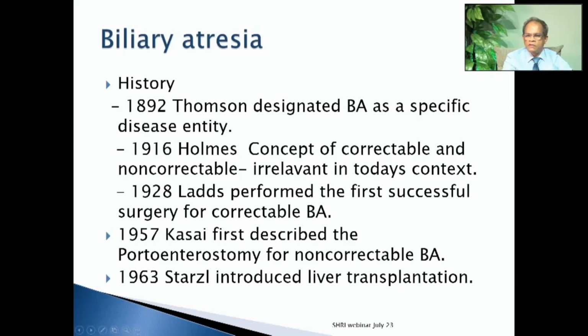But the great majority of pediatric surgeons believe that you should offer portoenterostomy at any age, and that is a temporizing measure so that you can eventually do liver transplantation if your portoenterostomy doesn't work, because that will give you a few years to find a donor and a sizable child for a successful liver transplantation, rather than a small neonate undergoing a liver transplant.